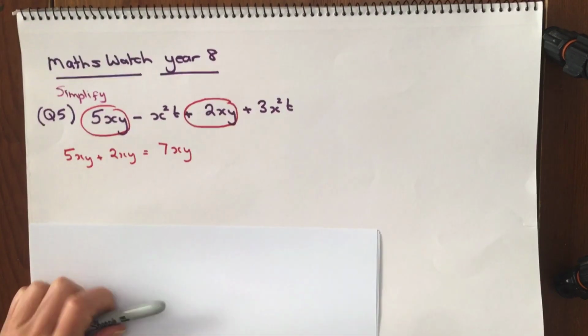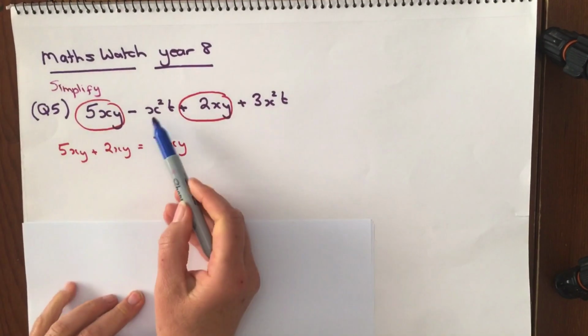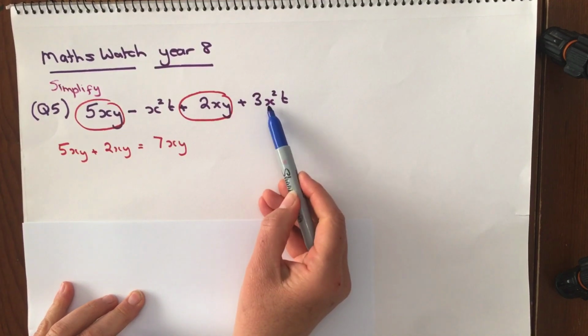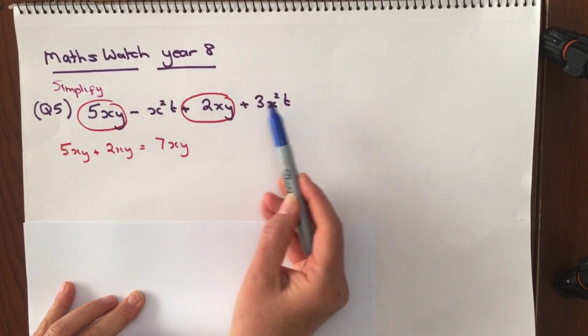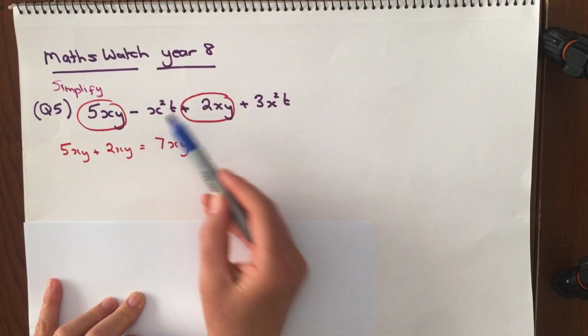Then if I look at my next terms, I can see this is x squared t and this is x squared t. So I've got the same terms here, like terms.